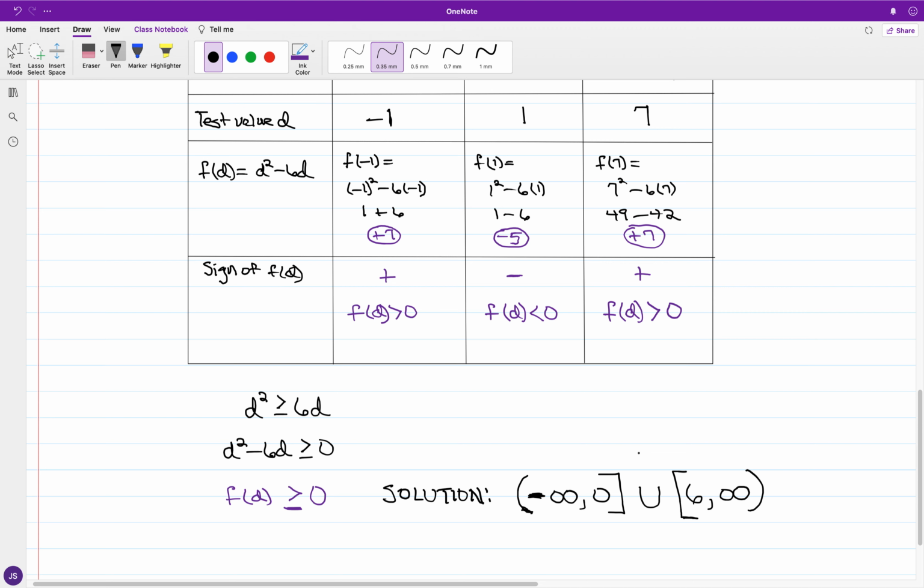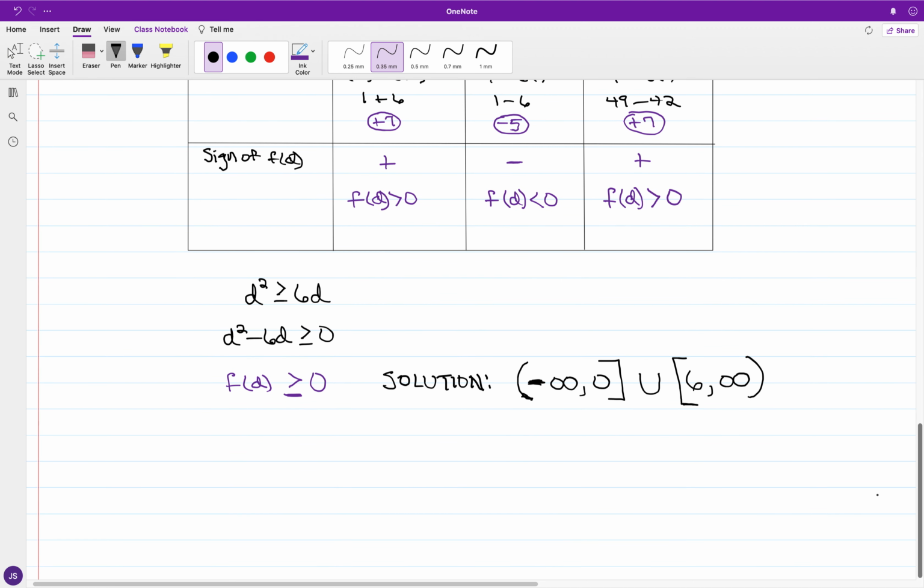All right, now in the case of number 29, we're going from the letter x to the variable d, and then finally to the letter m. So in this one, we have that m squared is less than 49.